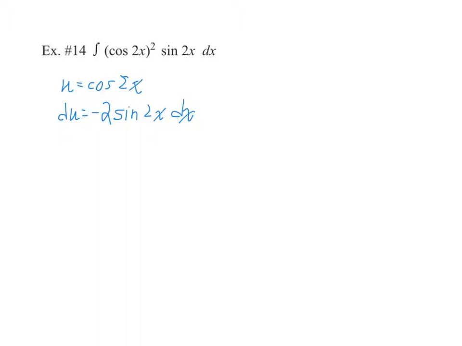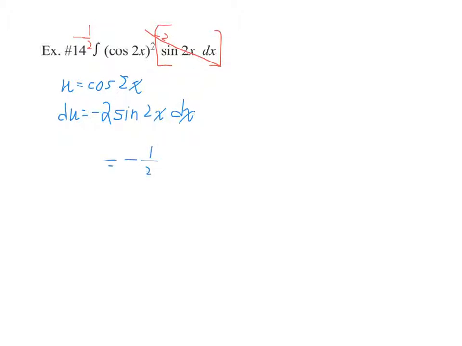We don't have that in the problem, so we're going to have to make an adjustment. I need a negative 2 at the back and a negative 1/2 in front. As soon as that's done, everything is worked out for a power rule. We have a u, a perfect du, so I can add 1 to the exponent and divide.